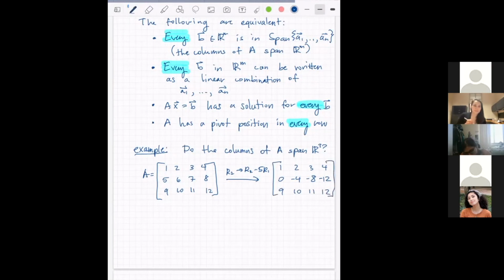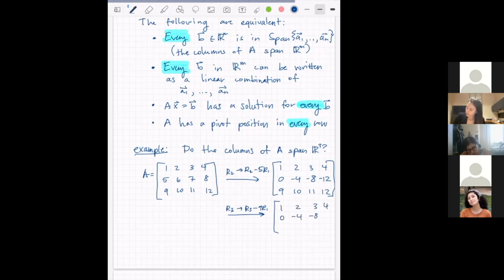Great. Then we can replace row 3 with row 3 minus 9 times row 1. Here we get 1, 2, 3, 4.